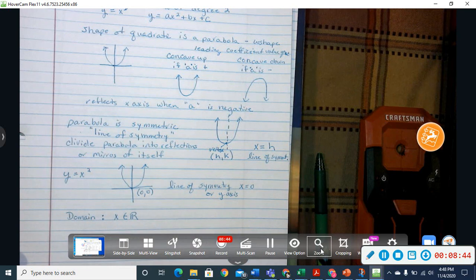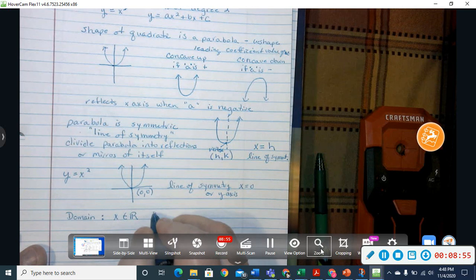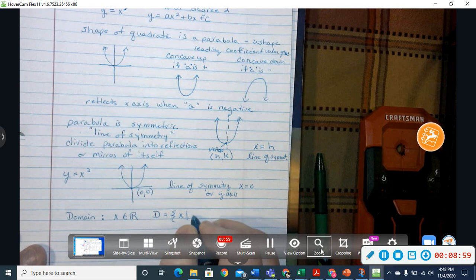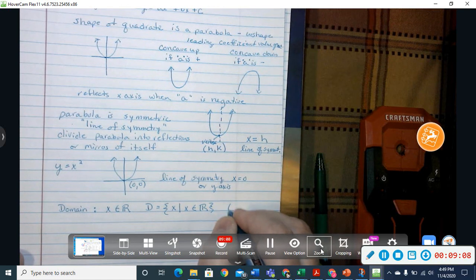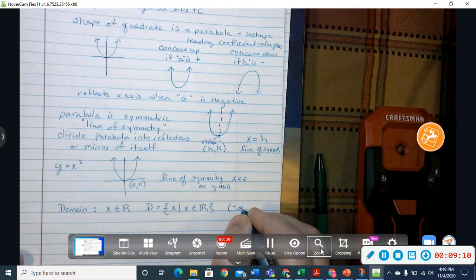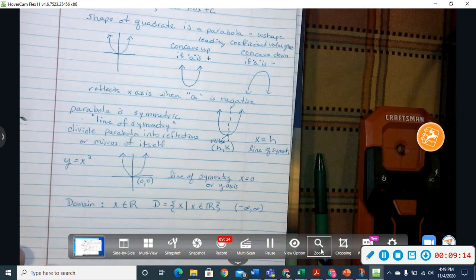And depending on which method you use to write that, whether it is verbally, or if you used set notation, the domain equals x such that x is a member of all real numbers. Or if you used interval notation, we would say from negative infinity to positive infinity for the domain.